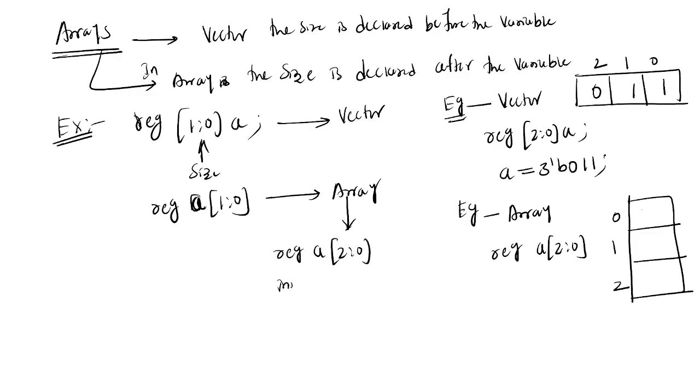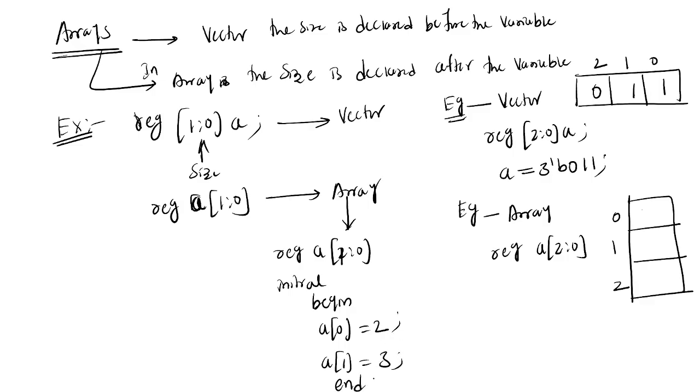Initial begin, a of 0 equal to 2. Let us take two bits only, 1 down to 0. a of 1 equal to 3. I need to use this indexing.